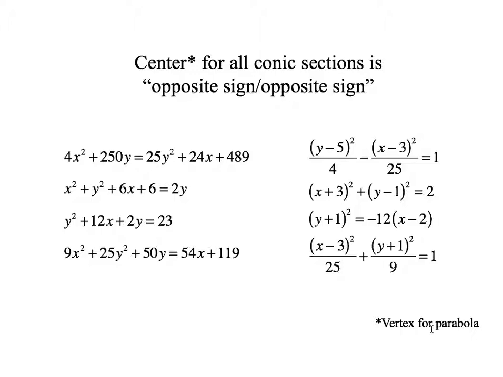Now, as for the parabola, when the quadratic term is x squared, then the parabola will open up or down. Down if this 4a, which is what this is, is negative. Up if this is positive. When the quadratic term is y, so y squared, that indicates that the parabola opens left or right.